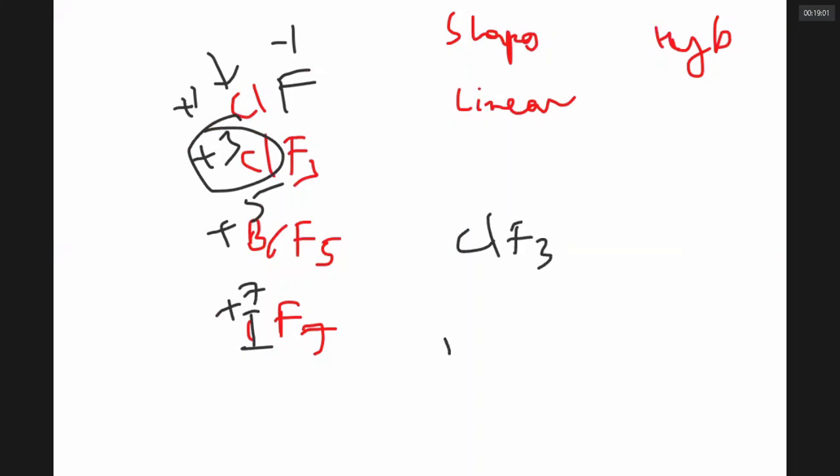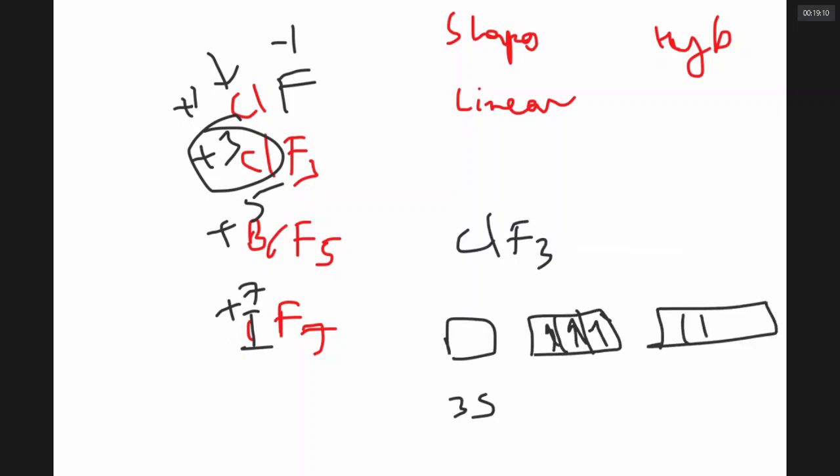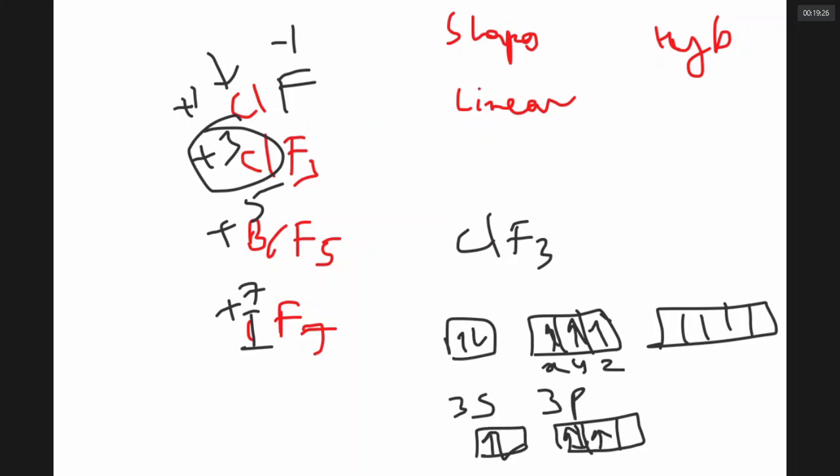Cl is in ground state 3s2, 3p5, 3d0. In ClF3, the 3p electrons, say in the y orbital, get unpaired: the pair opens up and one electron jumps into the d orbital, mostly the dz square orbital.